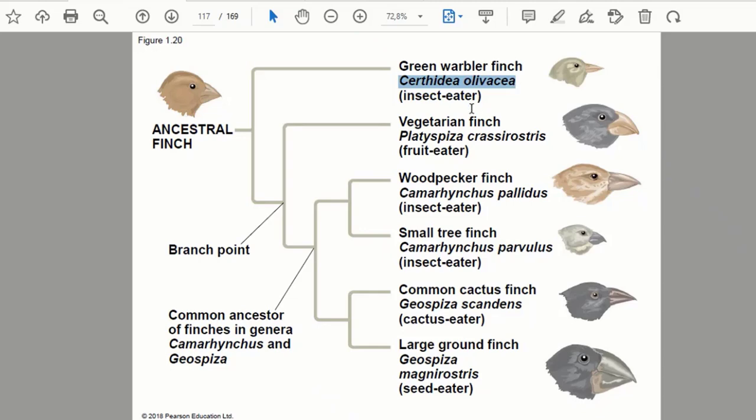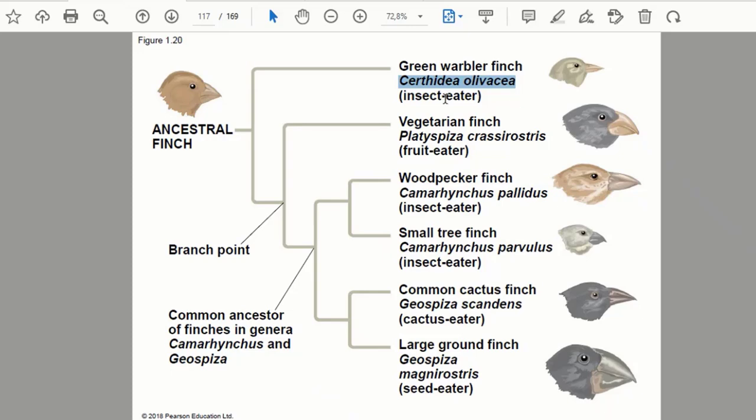There's a vegetarian finch, Platyspiza crassirostris, and I don't have to worry about my pronunciation, but you need to worry about your writing. It is also known as a fruit eater, which means that it feeds on fruits.